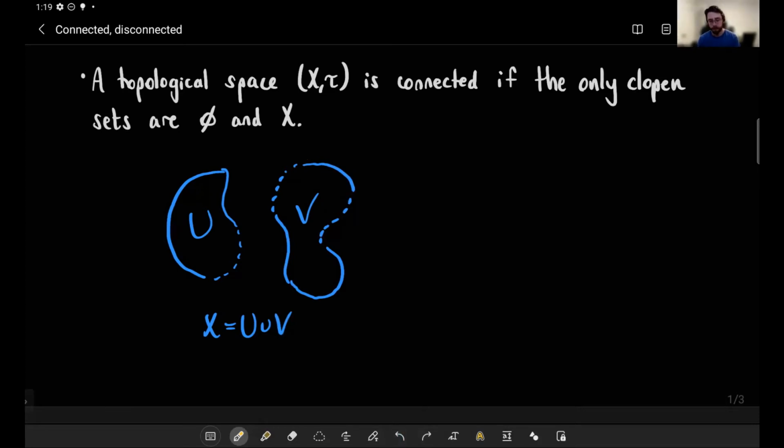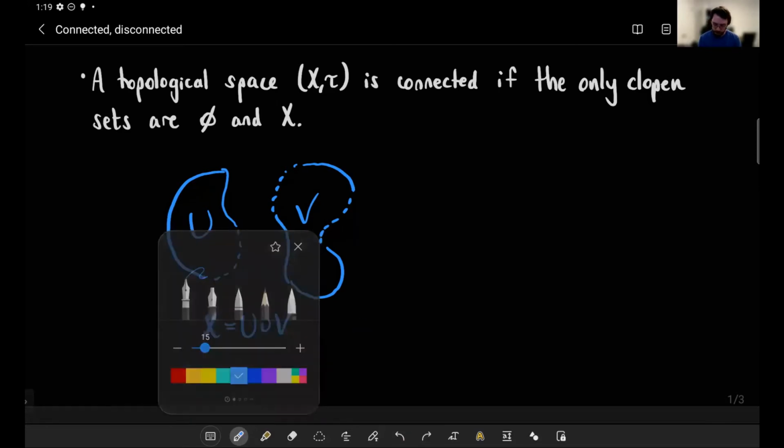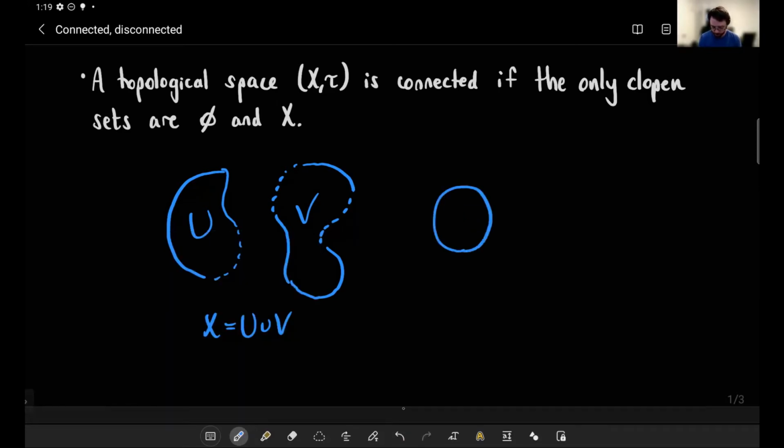Similarly, I could have drawn, back to that nice example, here was U, here was V. This is nicer. They both look open, so I don't have to worry about the subspace topology or anything. Why are they both closed, though?